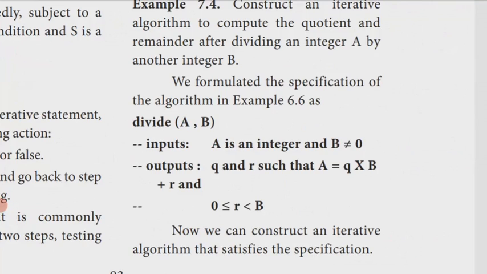Here we already saw the specifications: the input a is an integer, b is not equal to 0, and we get q and r such that a equals q times b plus r, and 0 is less than or equal to r, and r is less than b. So these are the specifications we saw already.